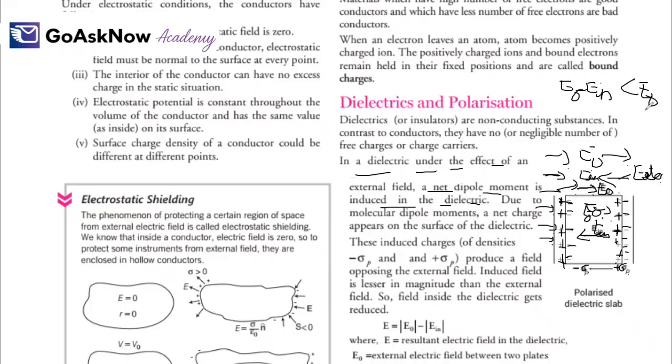So inside your dielectric, you have lesser magnitude of net electric field than E naught, the external electric field. Its magnitude is given as mod of E naught minus mod of E in, where E is the resultant electric field in the dielectric. Okay, so it is the resultant electric field inside the dielectric.